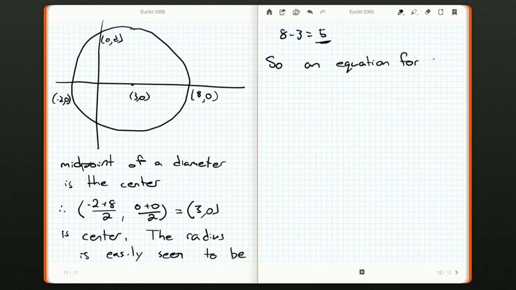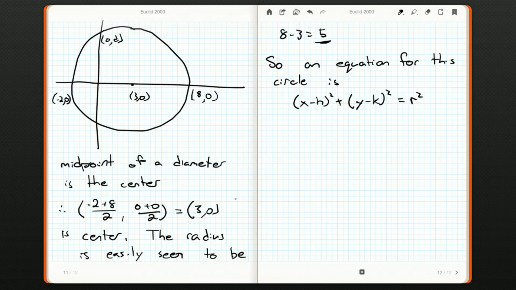So the equation for this circle is, well, what's the general equation? If you're centered at (h, k) and your radius is r, then this is what your equation is going to look like. Well, we know what h and k are.